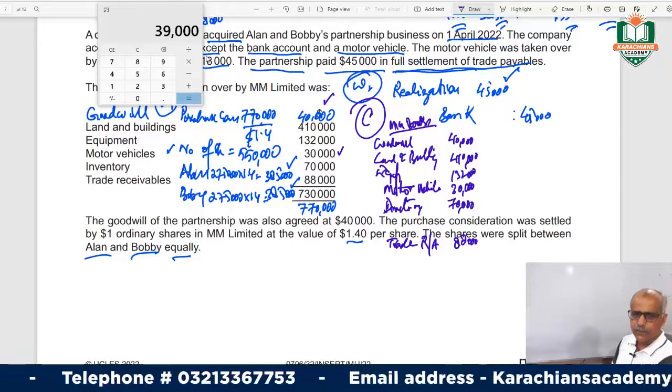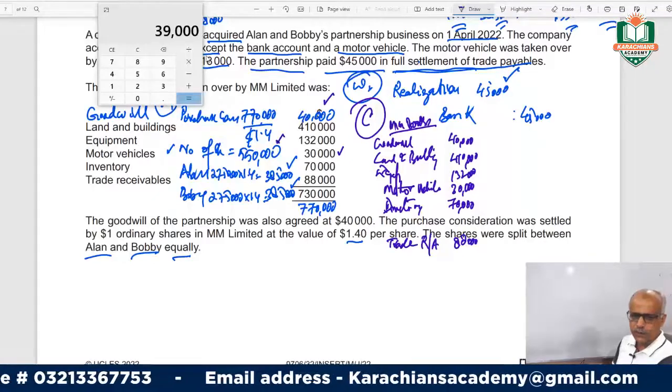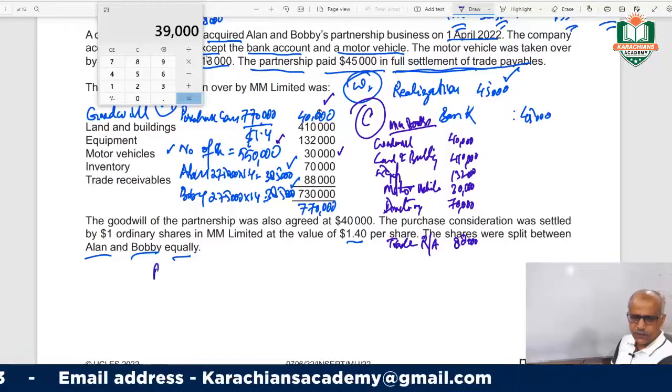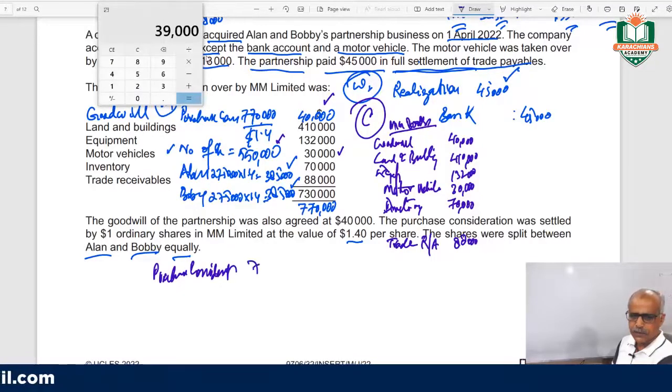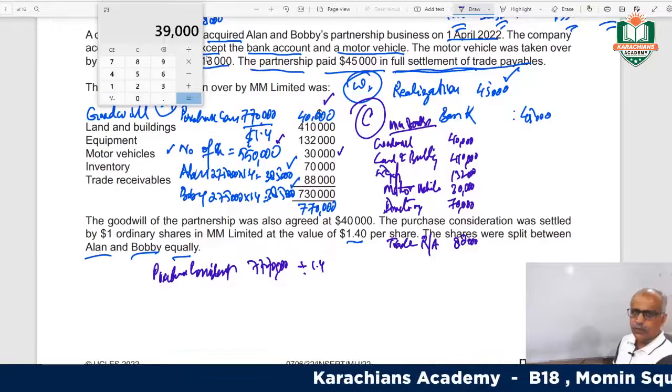The purchase consideration is 770,000, and they are paying at the rate of 1.4 per share.